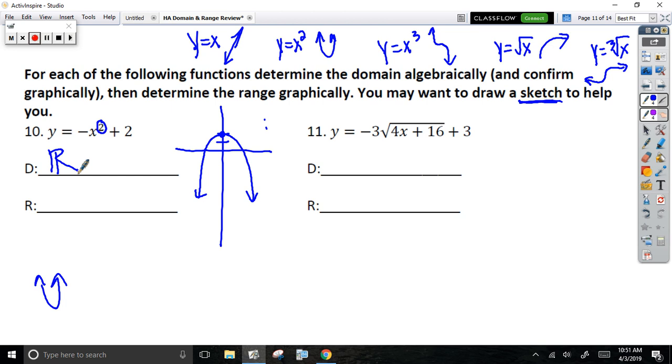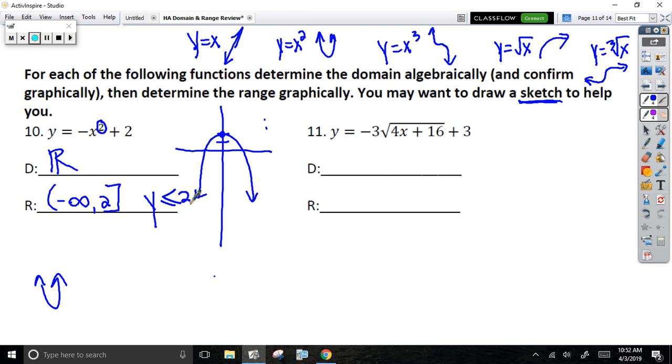That logically makes sense with the rules we have. Now the range, you do kind of need the graph to help you. The lowest it goes is negative infinity. The highest it goes is 2. If you're an inequality man, or woman, it would be y is less than or equal to 2.